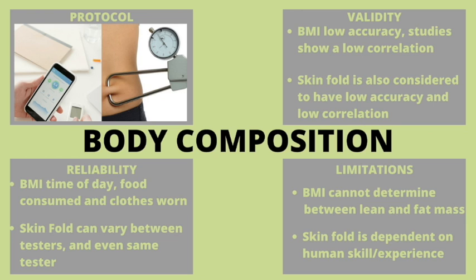Skin fold calipers can also vary between testers. So if you're doing repeated tests of skin fold calipers, make sure it's the same person testing. Really important. Limitations, well, as we've already said, it doesn't determine between lean muscle and fat mass. Big problem, and skin fold caliper is very largely dependent on human error.